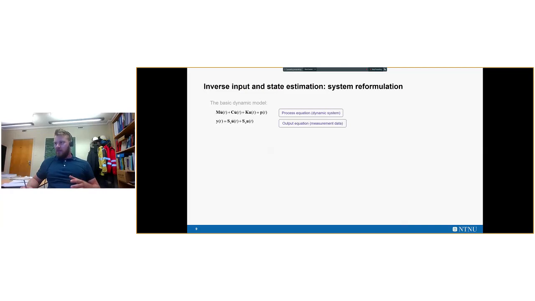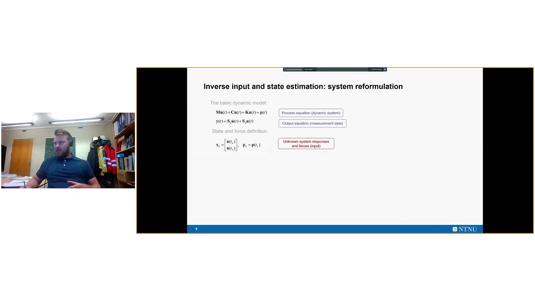The equation of motion has more terms that we have to take into consideration, but let's start with this simple model. From this simple model, we sample some acceleration measurements or displacement measurements, and how we sample this, where we place our sensors and so on, is described by what we call the output equation. It describes how we sample our measurement data.